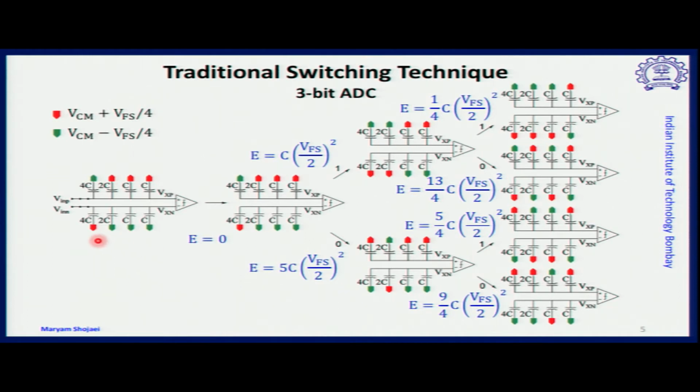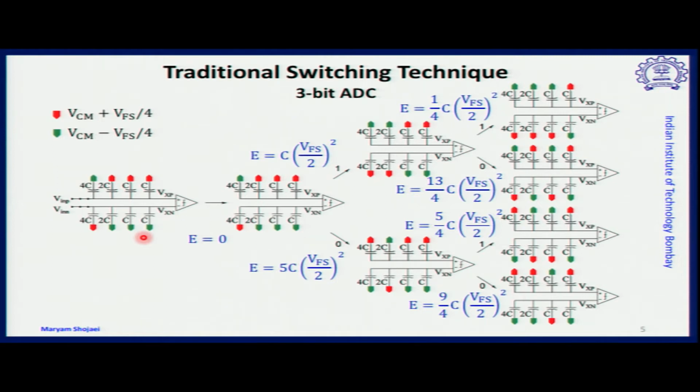So similarly, we will have the complementary arrangement for V in N. Therefore, the bottom plate of the MSB capacitor, which is 4C here, is connected to VCM plus V full scale by 4, and the remaining corresponding terminals of the capacitors are connected to VCM minus V full scale by 4.